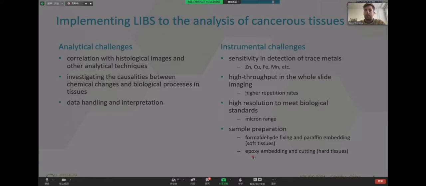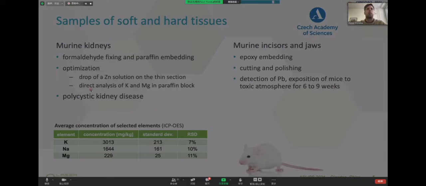For hard tissues, we do epoxy embedding and cutting. I'm going to talk and alternate between soft and hard tissues. I tried to divide it in my talk, but hopefully you can follow my presentation without any problem.